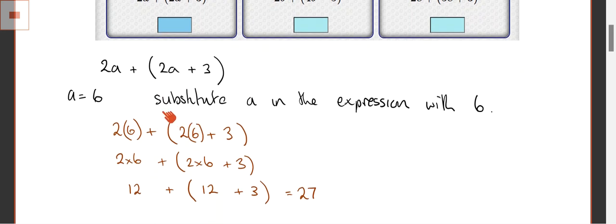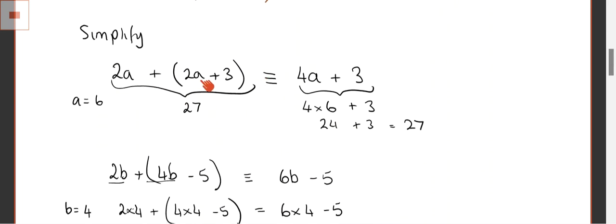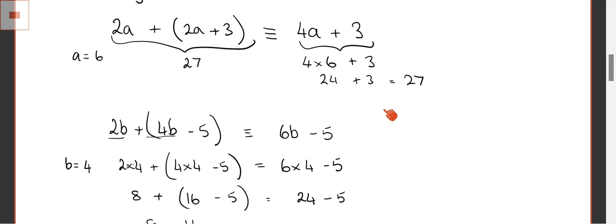So we can simplify 2a plus 2a plus 3 into 2a plus 2a is 4a, and we've got plus 3. What does simplifying mean? It means we're making something quicker and easier to deal with. And we did a check. What do the 3 lines mean again?